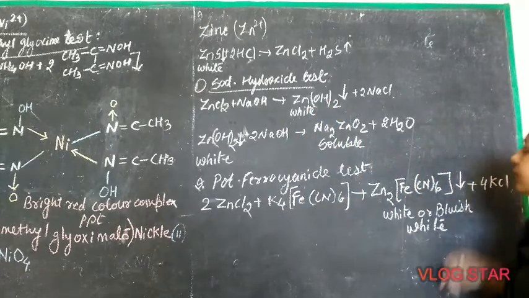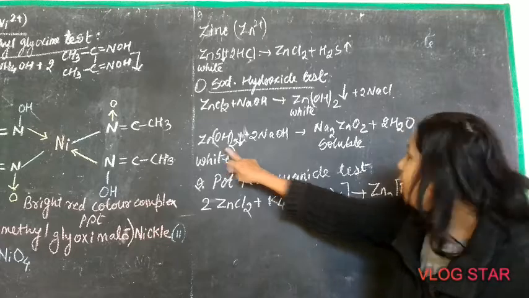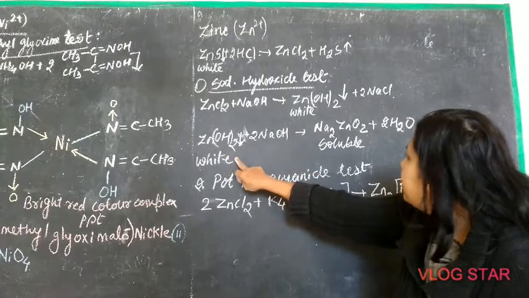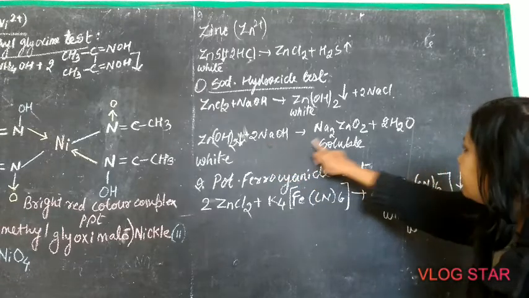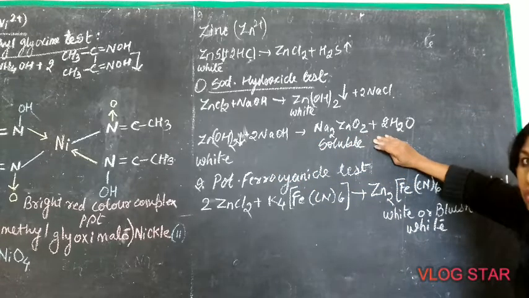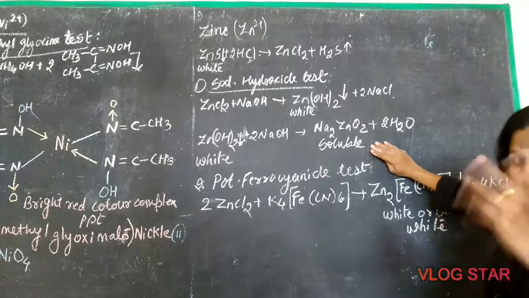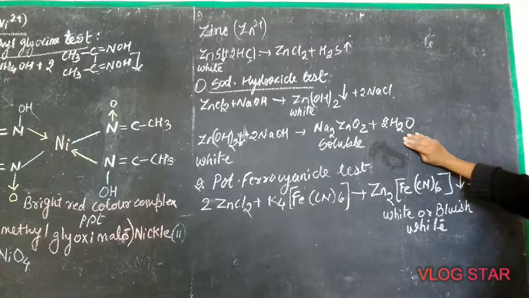This is white PPT, plus 2NaCl. Now this Zn(OH)2 plus 2NaOH, this white PPT with excess of NaOH gives Na2ZnO2. This is soluble and this is sodium zincate, you must have heard earlier, plus 2H2O.